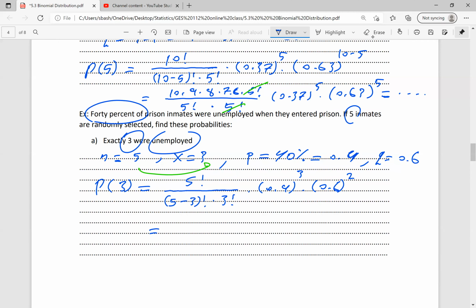So this is 5 factorial, meaning 5 multiplied by 4 by 3 by 2 by 1, divided by 2 factorial, which is 2 times 1, multiplied by 3 factorial, which is 3 times 2 times 1, multiplied by 0.4 to the power 3 multiplied by 0.6 to the power 2.